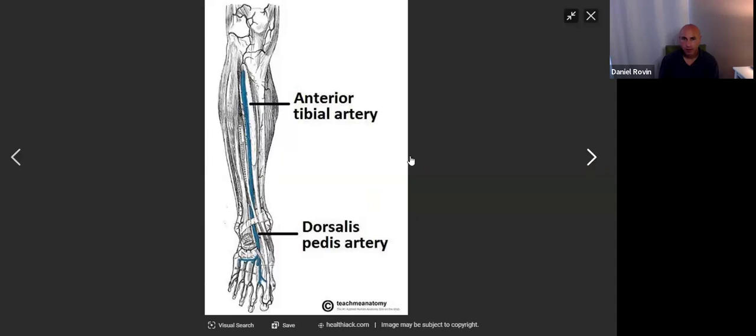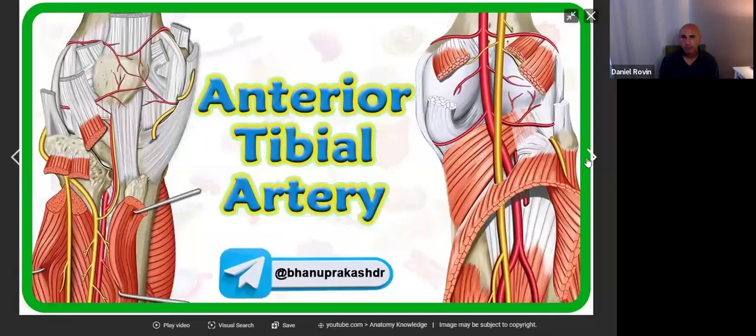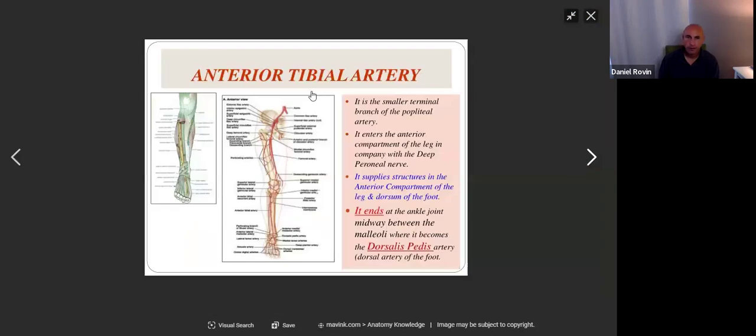Here it's called the tibialis anterior muscle. The artery runs underneath it with the deep fibular nerve all the way to the top of the foot. So here's the whole of the system from the aorta at the top to the common iliac artery to the external iliac artery to the femoral artery.